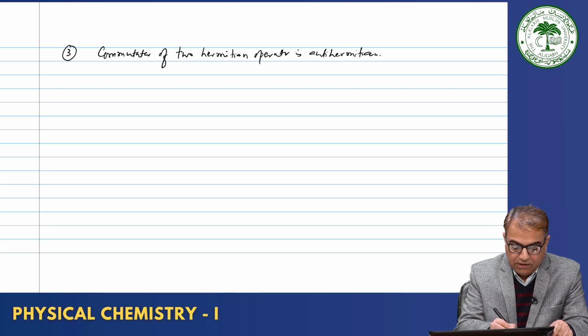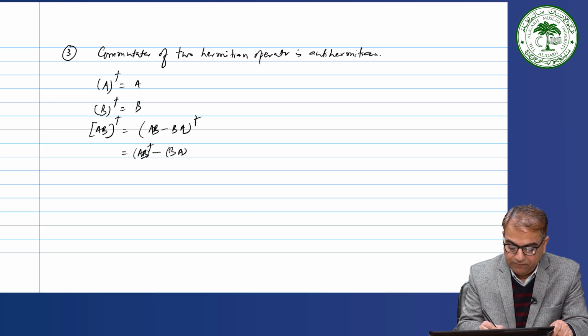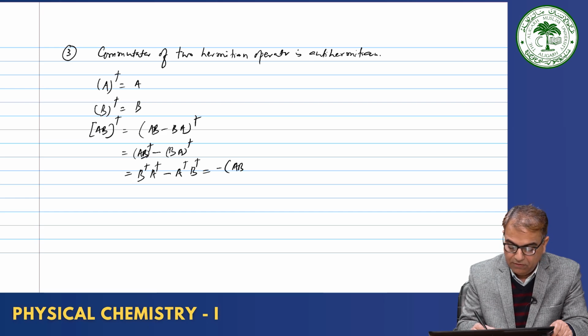It means if you have A dagger equal to A, B dagger equal to B, and [A, B] is the commutator, then the dagger of AB minus BA gives B dagger A dagger minus A dagger B dagger, which is BA minus AB, equal to minus the commutator.